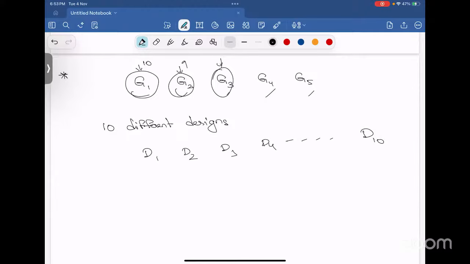Is this simultaneous or not simultaneous? Anyone? The right answer is the first option.